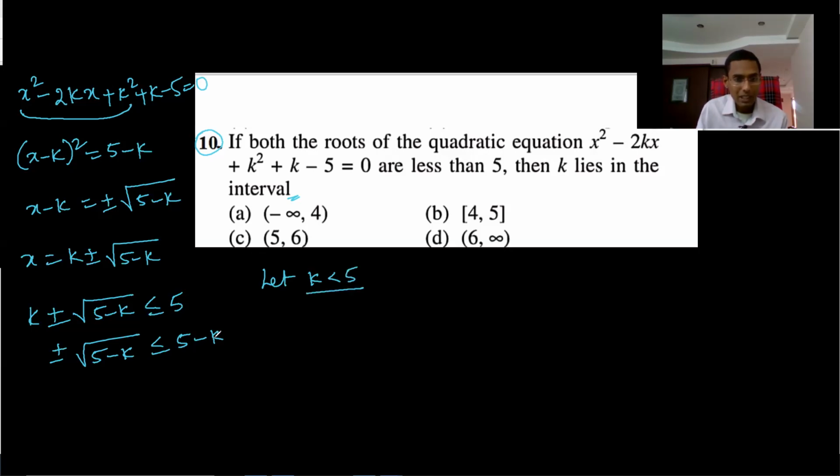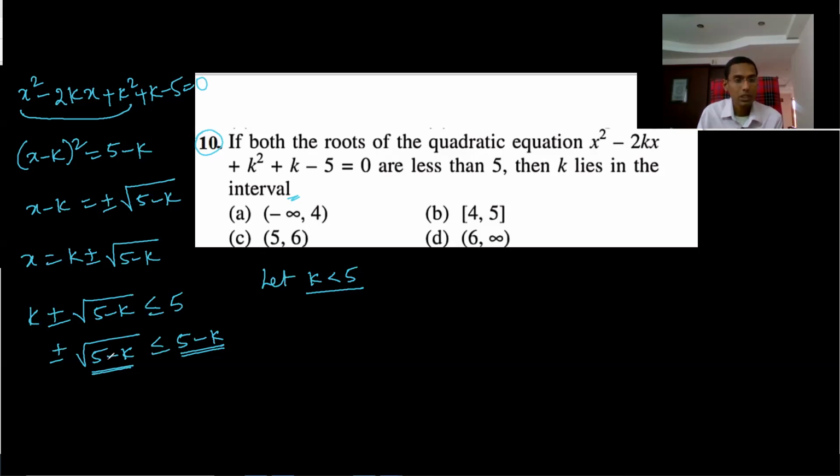If k is less than 5, then 5 minus k is positive. Because it is positive, you can square. If it is negative, also you can square on both sides, because negative is always less than positive, and the root of the same thing is there.